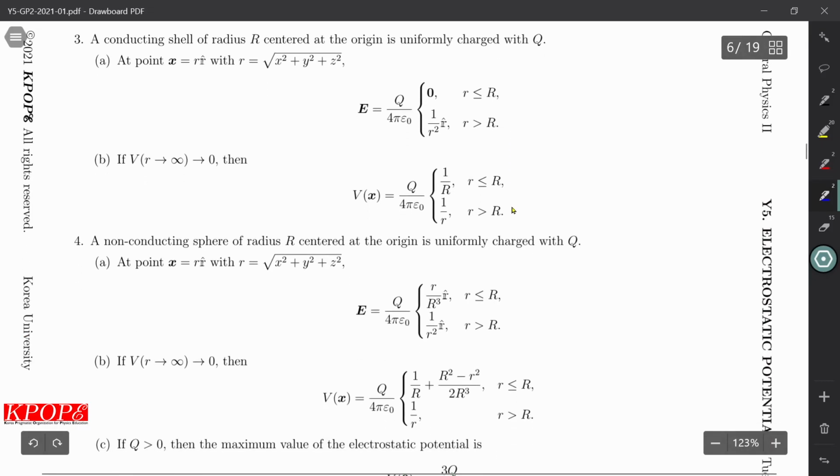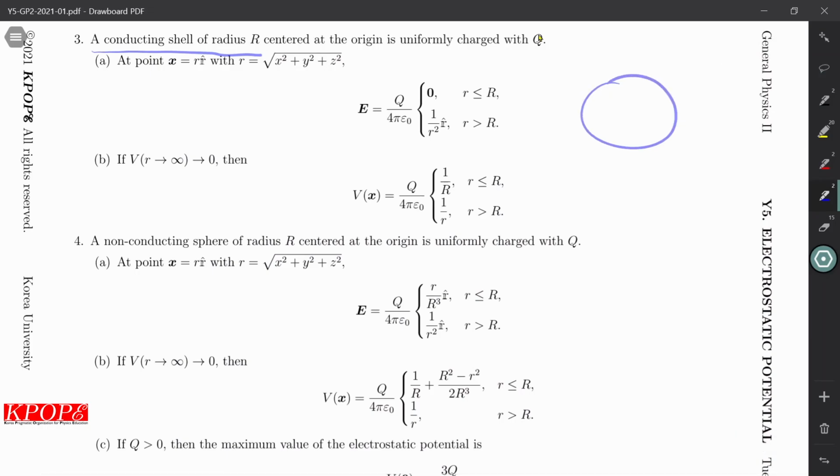Number 3: a conducting shell of radius capital R centered at the origin is uniformly charged with Q. Now the electric field inside is 0, right?